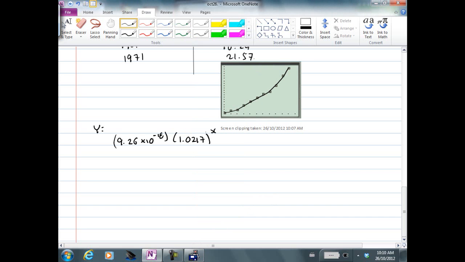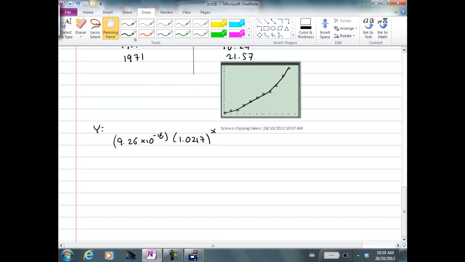This is your regression. You have to keep it the same format, exactly what you do. You would have to input the years from there.